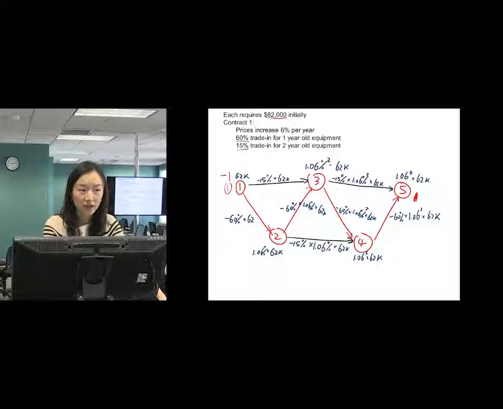Think about it again, okay? If we are going through whichever, say, okay, pick a node. Someone pick a node. So node 4, okay? What does that mean? No matter it's going from this way or this way, this node 4 here means, okay, we're going to trade in the product and we're going to buy one new.